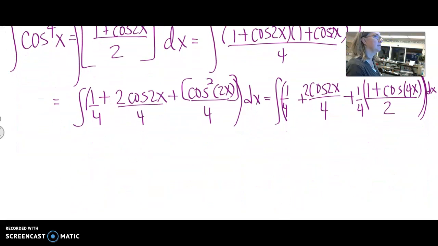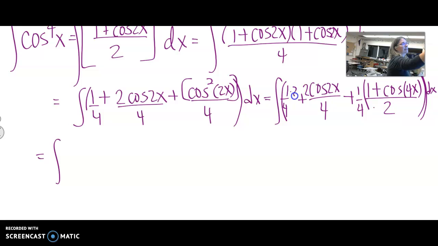All right, so continuing on, now we have to simplify some things. If I make a common denominator, let me rewrite this here. I have 1/4. Here when I multiply the 4 times the 2, I'm going to have a common denominator of 8.